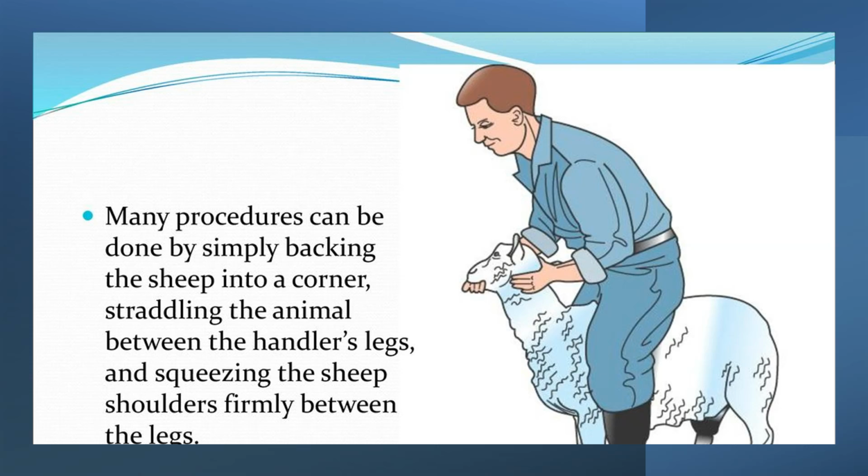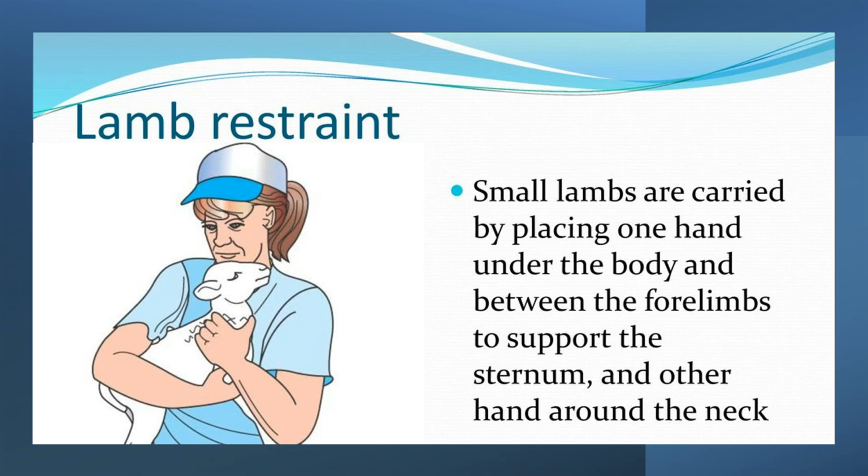Then this is another method, where the sheep needs to be put in a corner, straddling the animal between the handler's legs. Very small lambs can be restrained by placing one hand under the body and in between the forelimbs to support the sternum and the other hand around the neck.